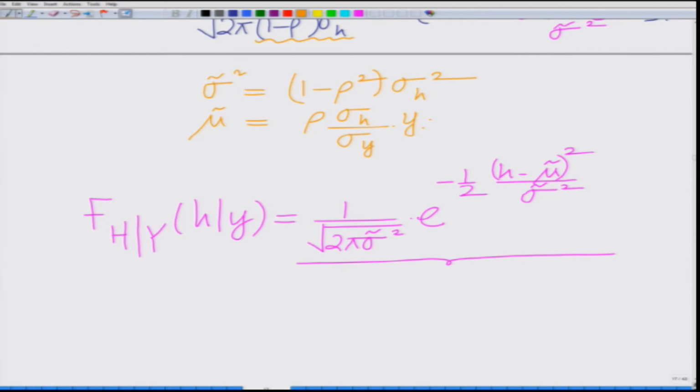So, this is basically a Gaussian distribution with mean equals mu tilde and variance equals sigma tilde squared.